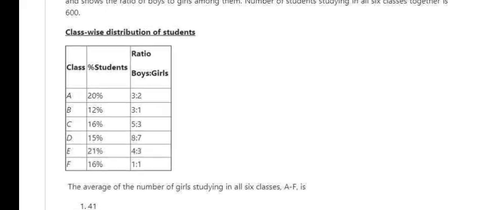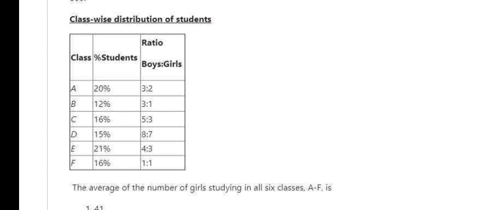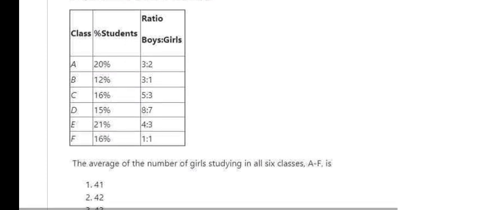This is the chart: school-wise distribution of students, classes A, B, C, D, E, F. Percentage-wise students: 20%, 12%, 16%, 15%, 21%, 16%. Ratio of boys and girls: 3:2, 3:1, 5:3, 8:7, 4:3, 1:1. Please try to accommodate according to the class.